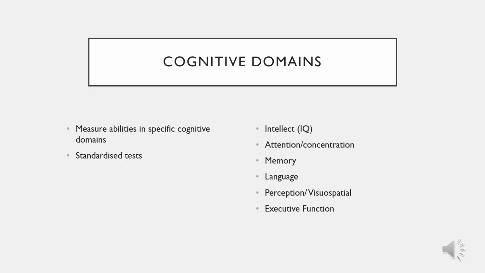Language tests may look at the ability to speak or understand language. Executive functions cover a very broad range of abilities, ranging from the ability to plan and strategize, estimate and inhibit, and also areas of social function.